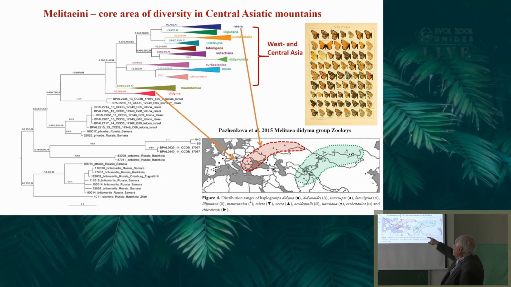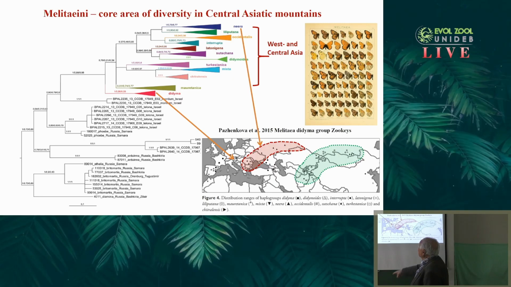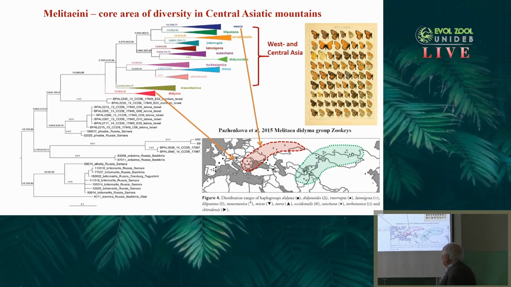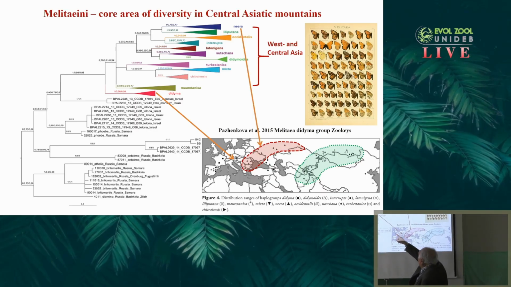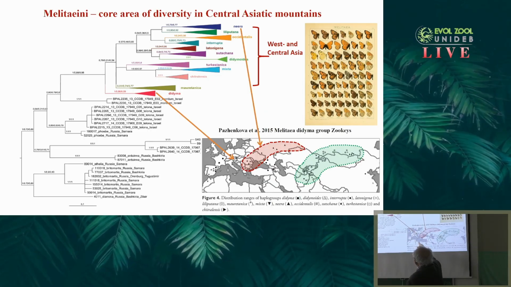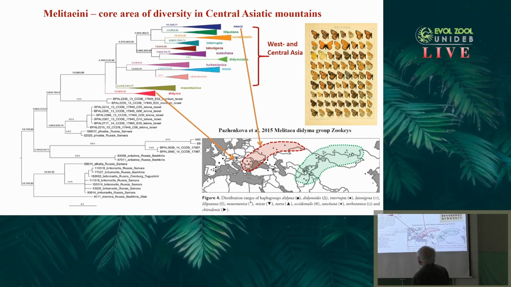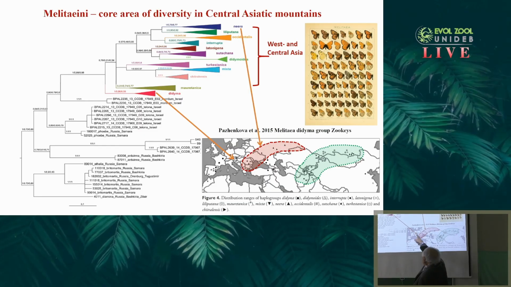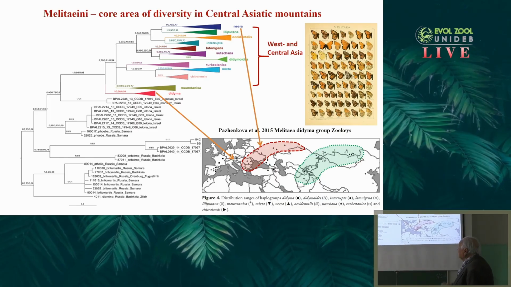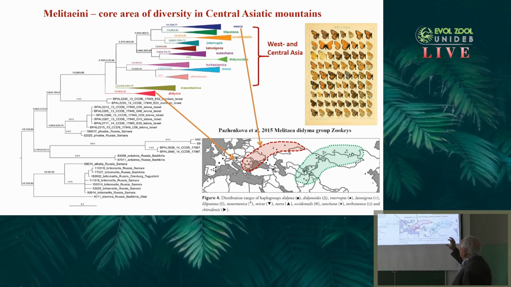You can see that the highest diversity is present in these areas, but different branches of this dendrogram are present also in Europe, in Central and Eastern Europe, in the orographic and in the zonal steppic areas of Europe. So this is a good model group, but not very diverse.